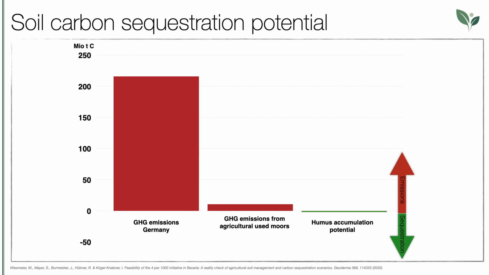If we look at the total greenhouse gas emissions of Germany and compare it with the greenhouse gas emissions from the agricultural use of peatlands, and then again with the sequestration potential roughly extrapolated to Germany in the study, it becomes clear that in contrast to these emissions, sequestration in the soil is only small. Nevertheless, the effects of humus buildup are numerous and should be used.